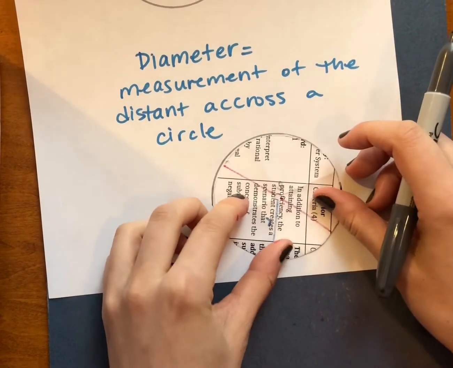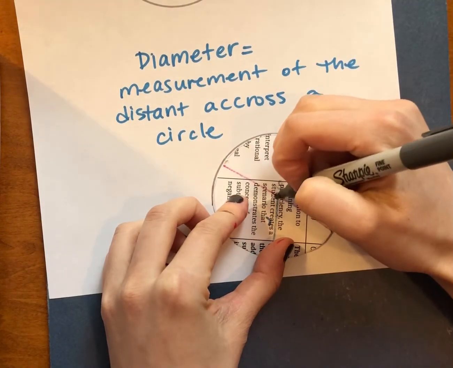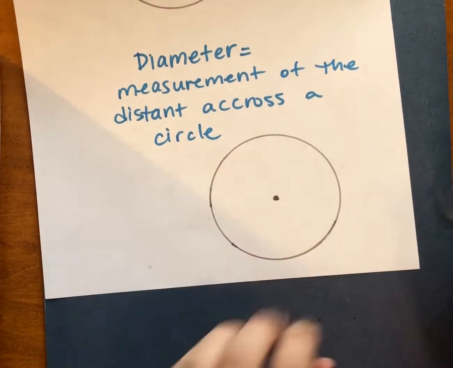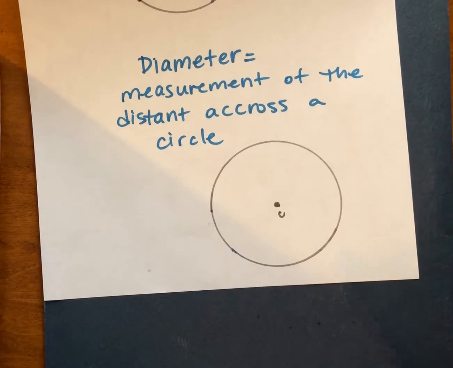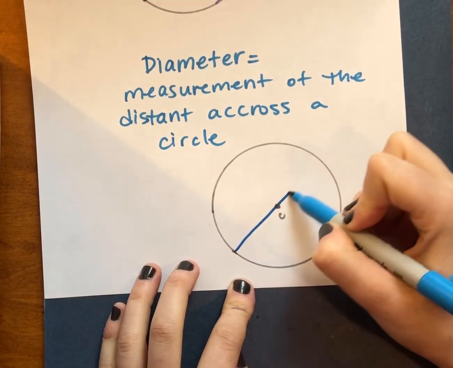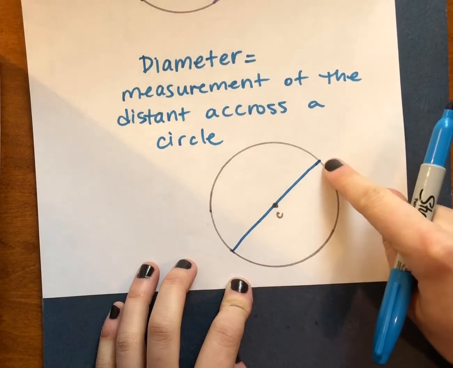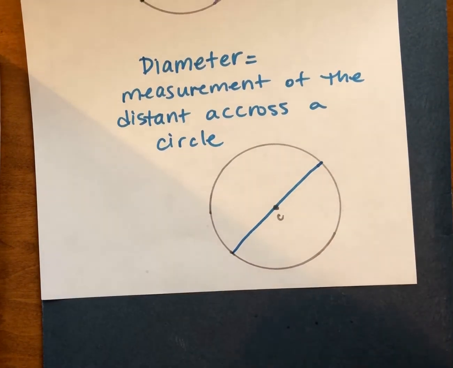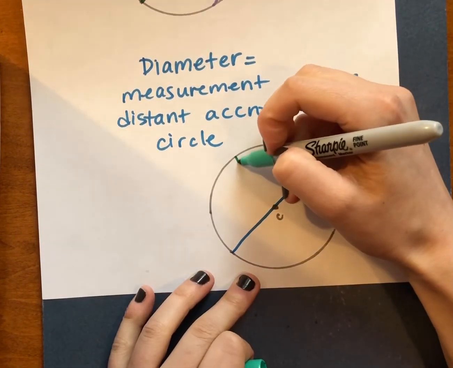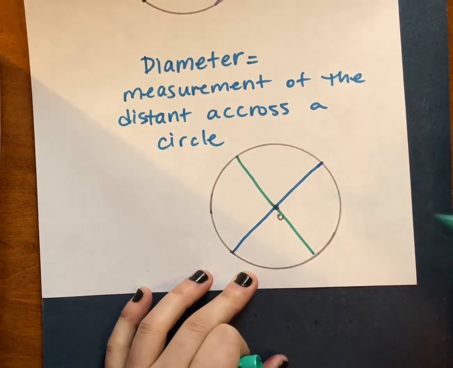Here's my little center maker. So if I put in my center point, now any line that I draw through my circle would be the same length. So there's a line going through that center of the circle. As long as I hit this center point, these are all the same length.